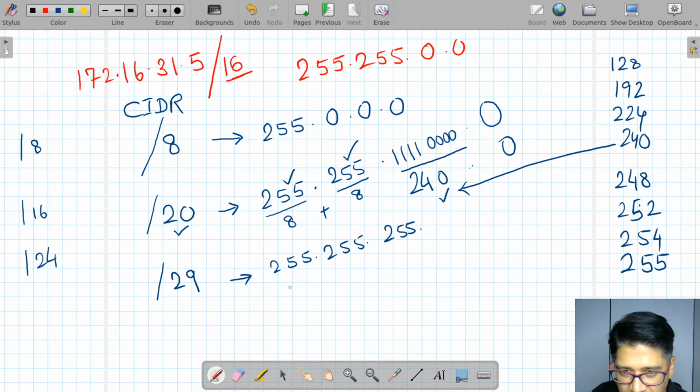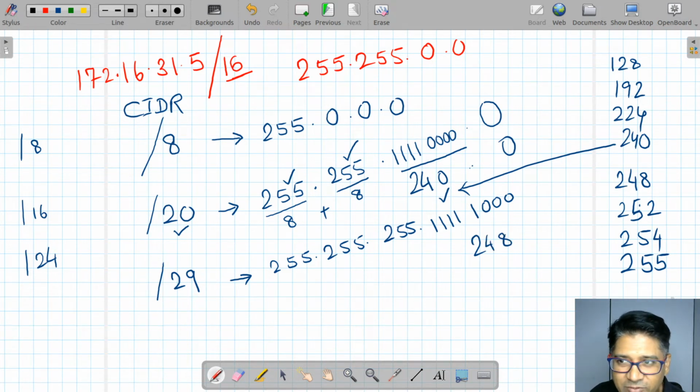So we have 24 bits, and the remaining 5 bits are ones and the rest are 0. What will be the value? 248. Excellent.